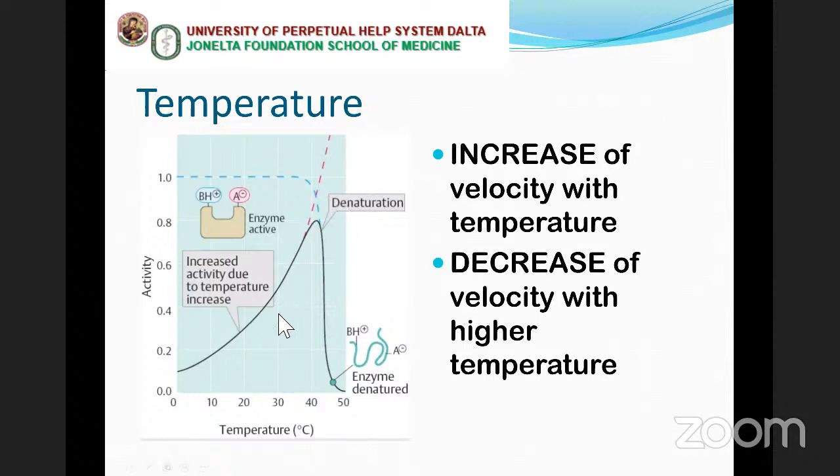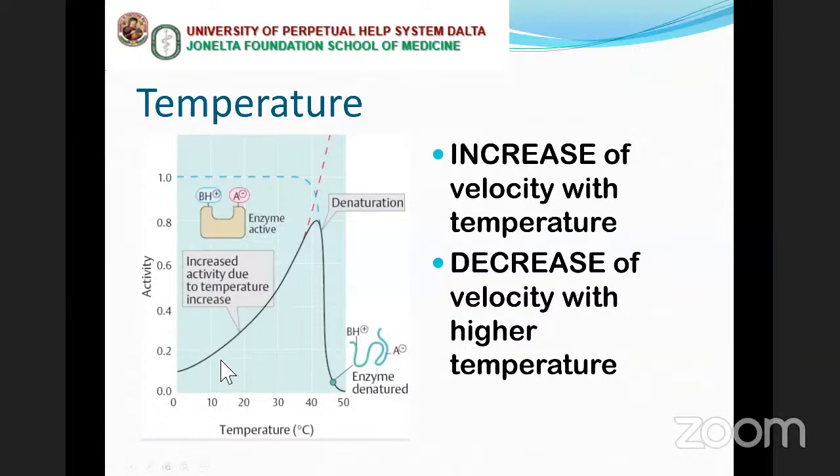Okay, and why is that so? It's already in your diagram because of your denaturation of your proteins. At certain levels, usually at 40 degrees, it gets denatured such that it won't work anymore, thereby the steep decline in velocity with higher temperatures.